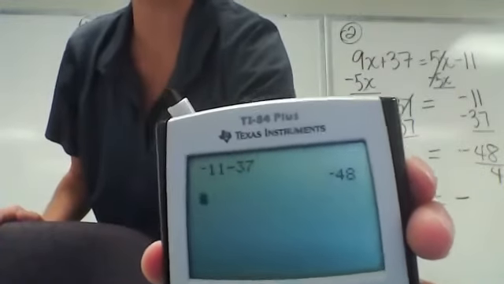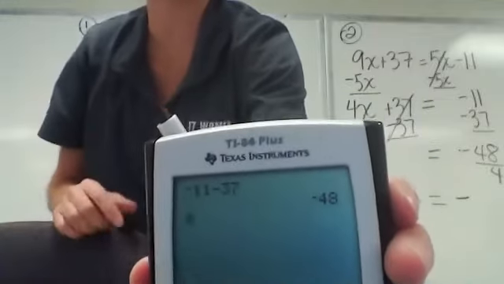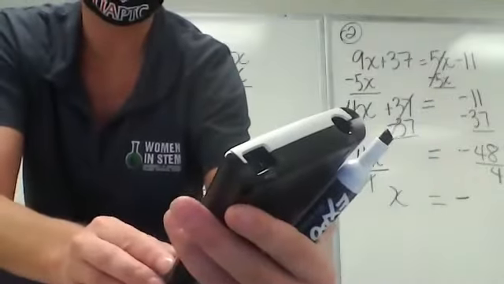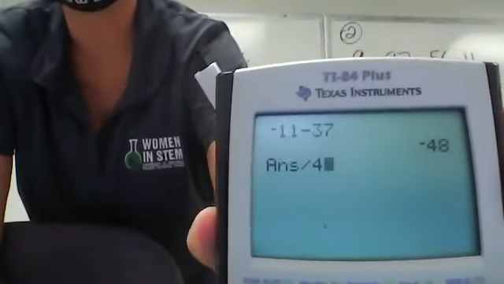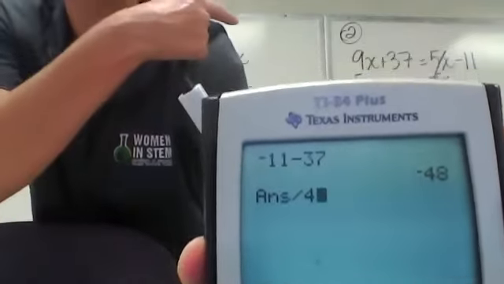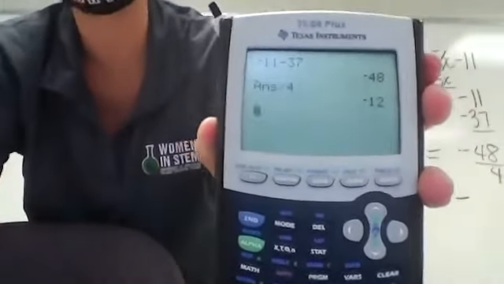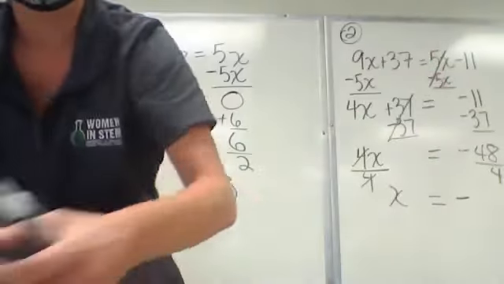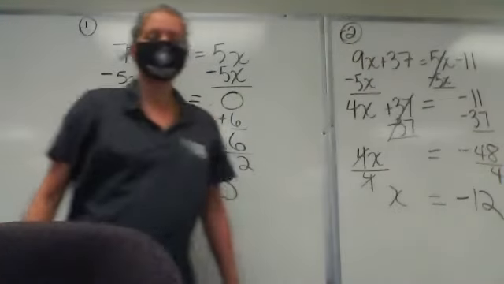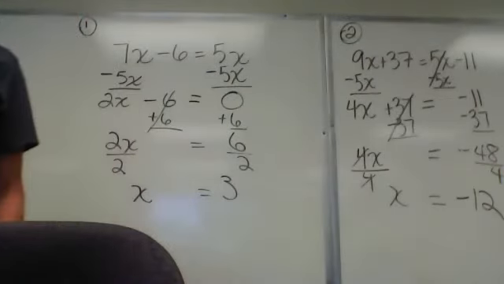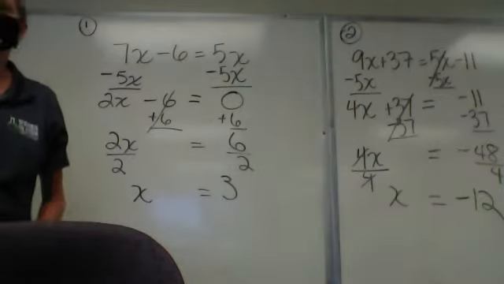If I just hit divided by 4 straight from here, it's going to divide whatever my last answer was, which is negative 48, by 4, and hit enter, negative 12, right?